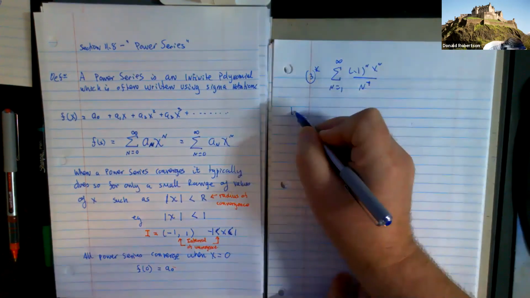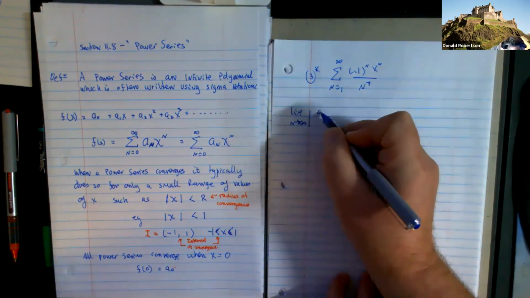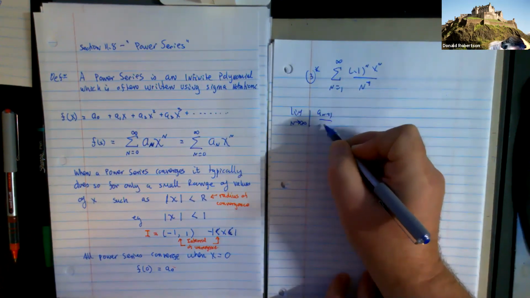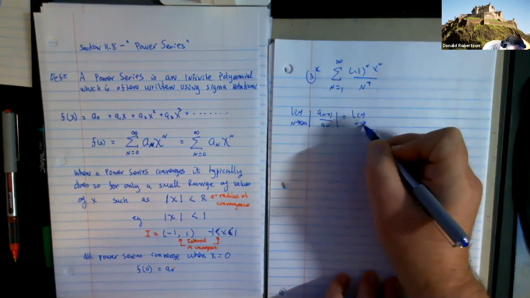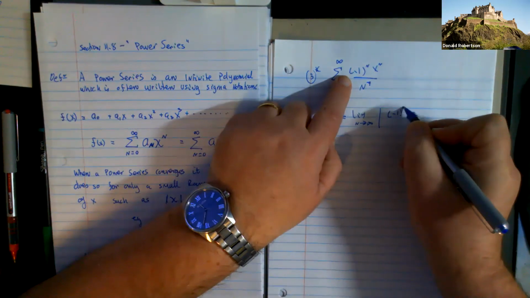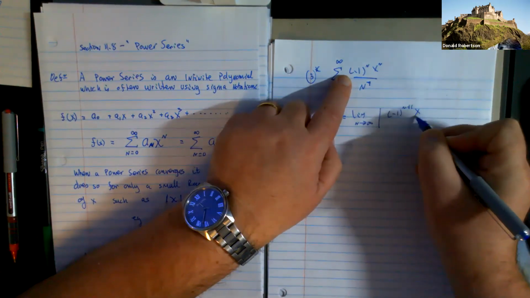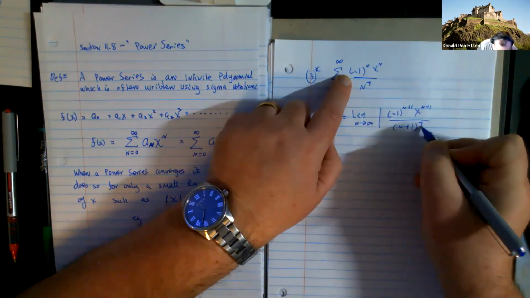Here we go. The limit as n tends to infinity of a_(n+1) over a_n. Okay, n plus 1 to the 7.